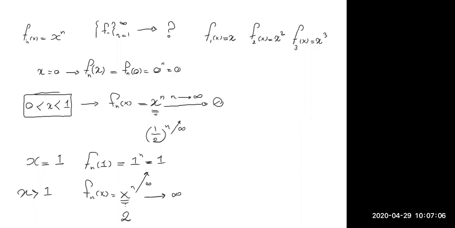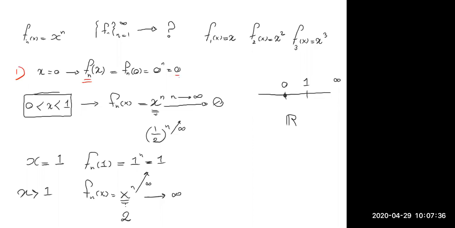So let's see what we've proved up to this point. If you look at the real line R, here we have 0, here we have 1, here we have infinity. If you look at x equal to 0, at this point f_n of x converges to 0. So the first case is when x is 0. The limit of the function f_n at this point is 0.